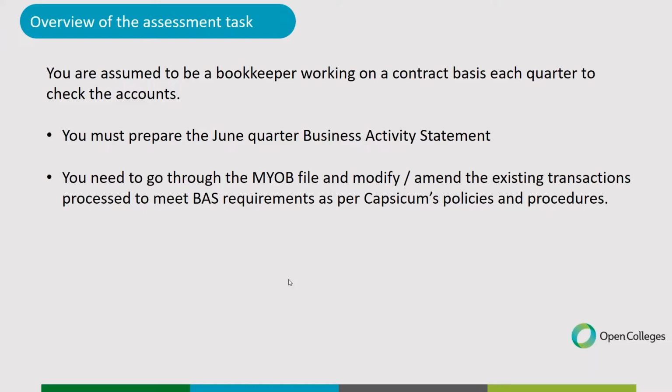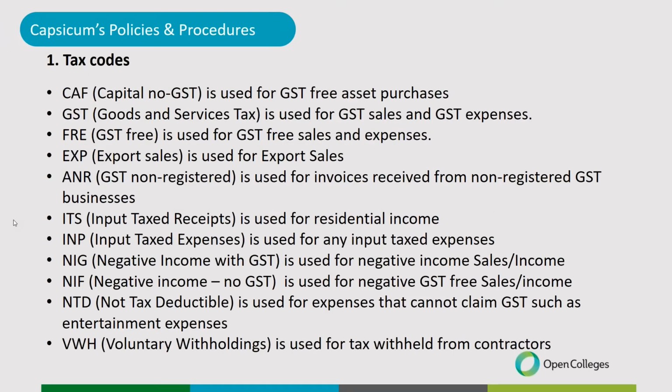You need to go through the MYOB file, the Capsicum Preserves, and modify or amend the existing transactions, or sometimes create new transactions, to meet business activity statement requirements as per Capsicum's policies and procedures. So then let's check out Capsicum's policies and procedures first.